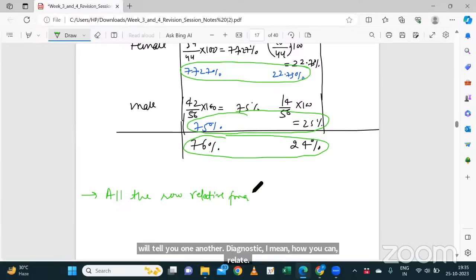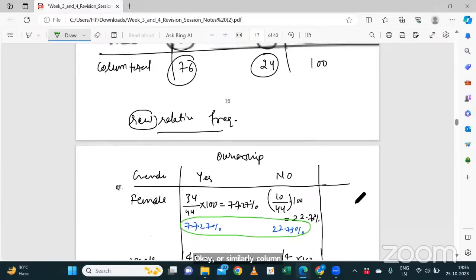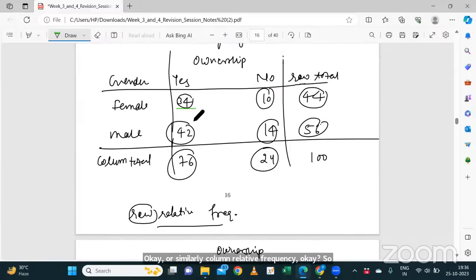Similarly, as we computed the row relative frequency, you can compute the column relative frequency: 34 divided by 76, 10 divided by 24, 42 divided by 76, 14 divided by 24, and 44 divided by 100, 56 divided by 100. Then you have to compare the columns like this.